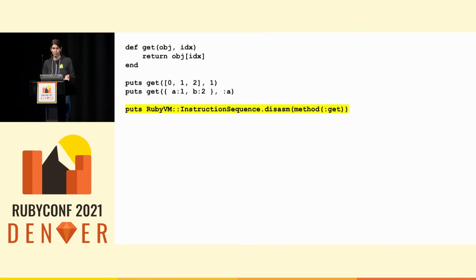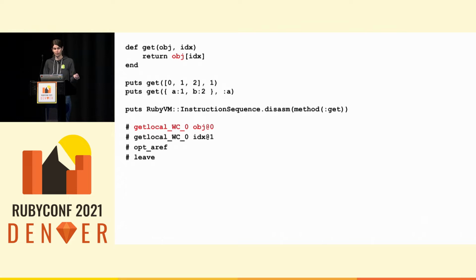If we disassemble this to look at the YARV bytecode that gets generated, we're going to get something like this. We have 4 bytecode instructions. First, getlocal, that gets the obj variable and puts it on the stack. Then we get the idx parameter and push it on the stack. Then we have opt_aref, which does the indexing operation. And finally, leave, that's going to return the result.